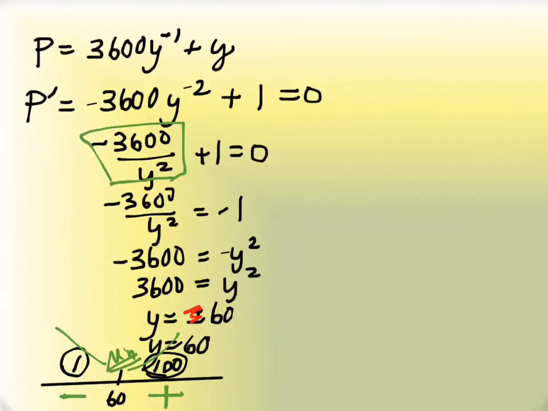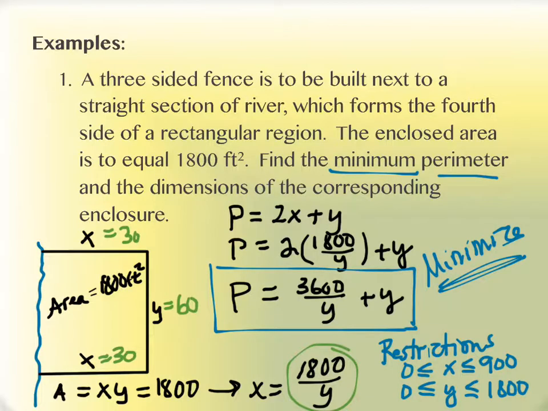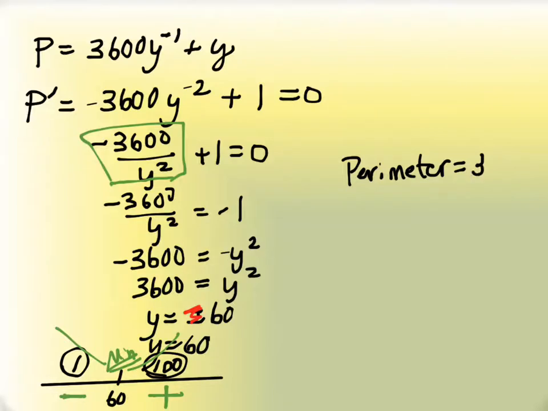So we can talk about the perimeter. What is the perimeter? How do we find perimeter, guys? Out of the sides. We have 3 sides. You have a 30 and a 60 and a 30.